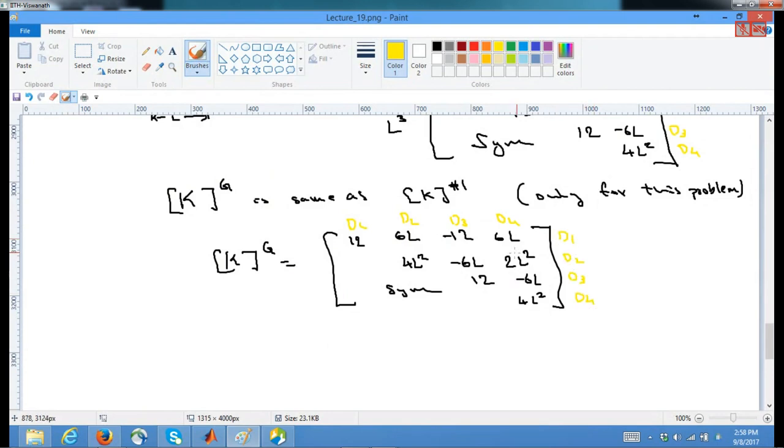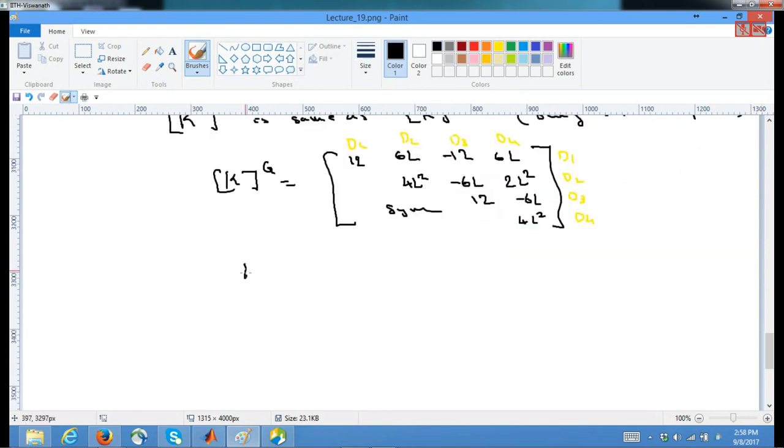Now, since we have obtained this, I have to apply my boundary conditions. Sorry, before that I need to find out my force vector. To find the force vector, my F global is the same as F of element 1.